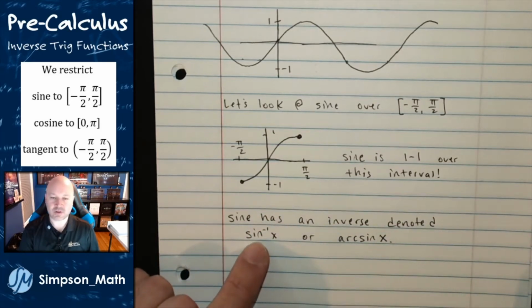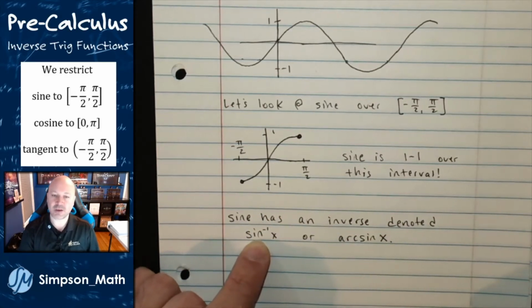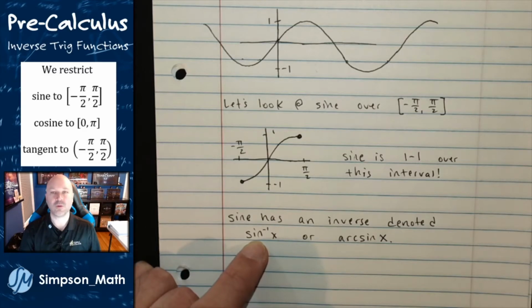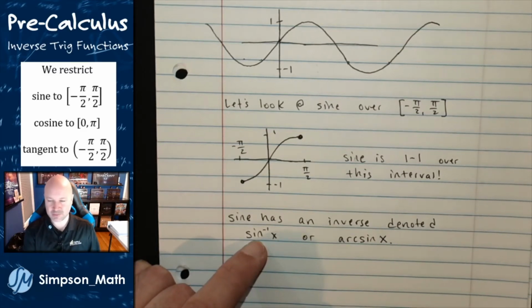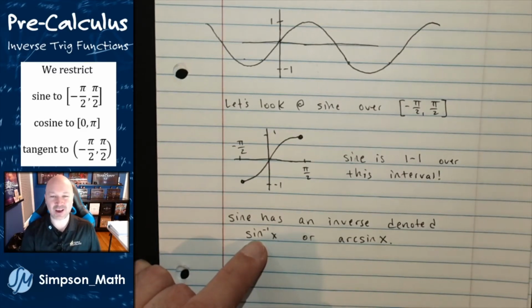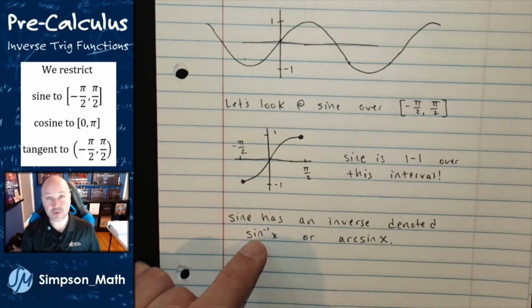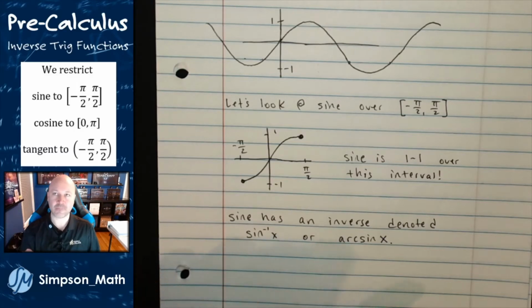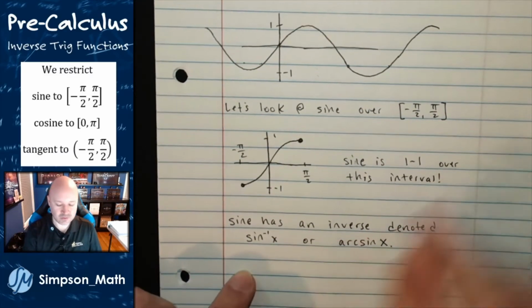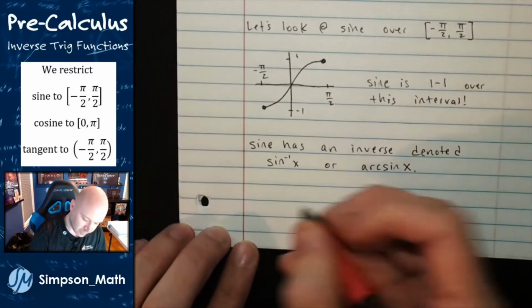This first one, I'm not a fan of it just because a lot of students get it confused with the -1 exponent, which we just spent all these videos working on, calling the reciprocal of sine cosecant, like not calling that the inverse. So this is not cosecant. Let me write that down.